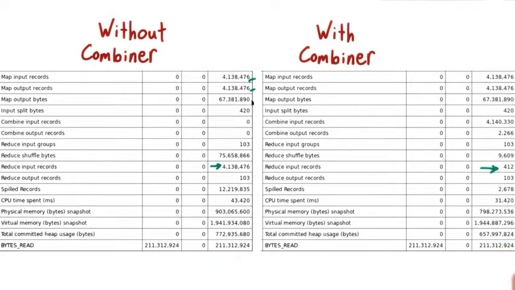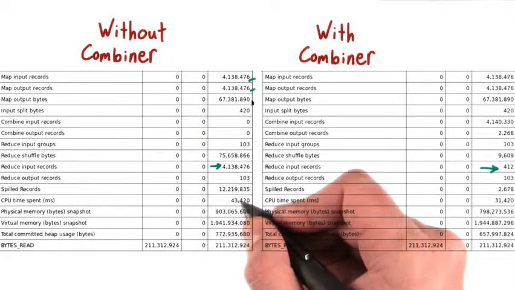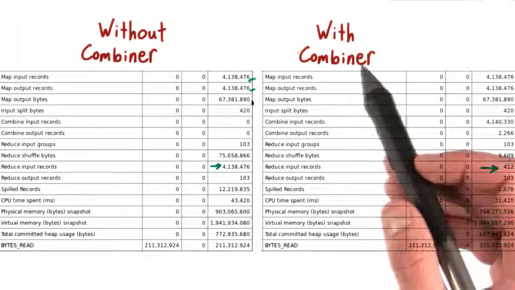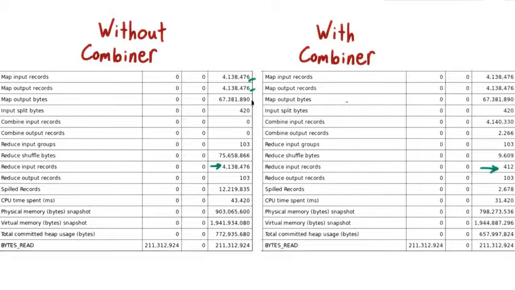That's pretty amazing. That's a huge change. In fact, the reducers had to shuffle far fewer bytes, and for time spent, with the combiner, this job took 31 seconds to run, versus 43 without. That's a significant difference. So you can really use combiners to improve the efficiency of your MapReduce jobs. And we're going to try that next.